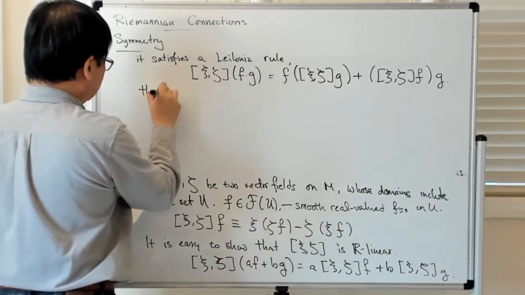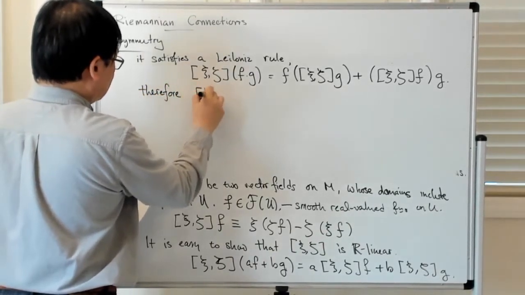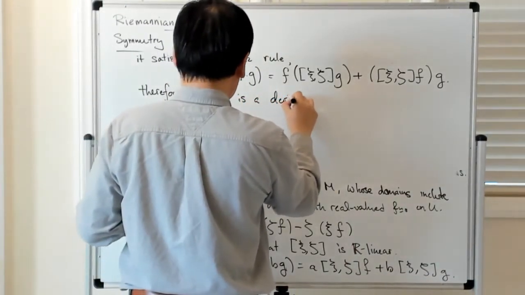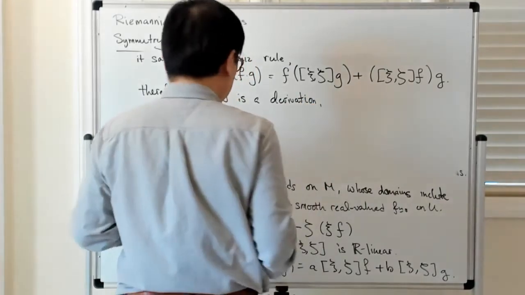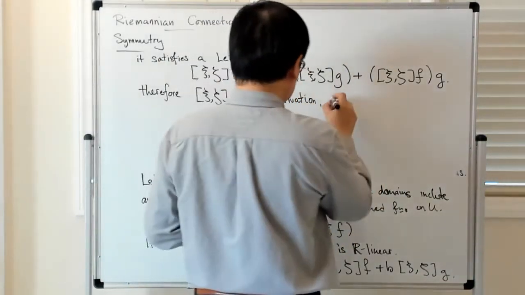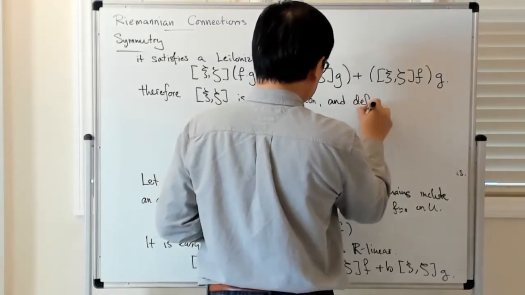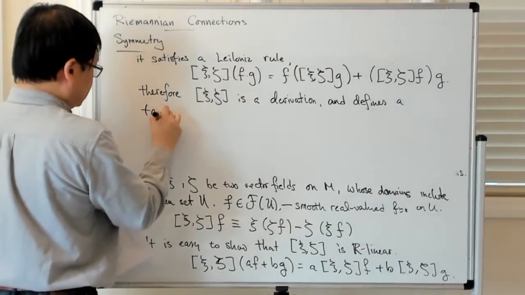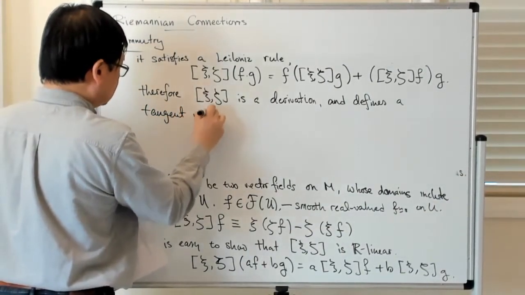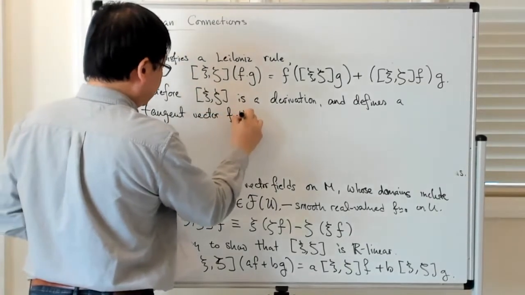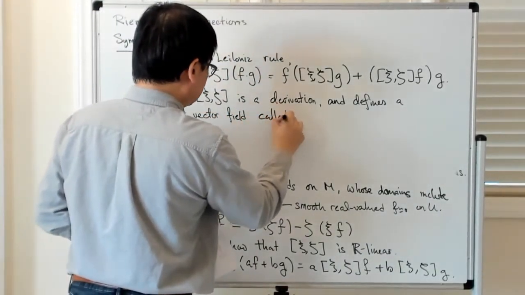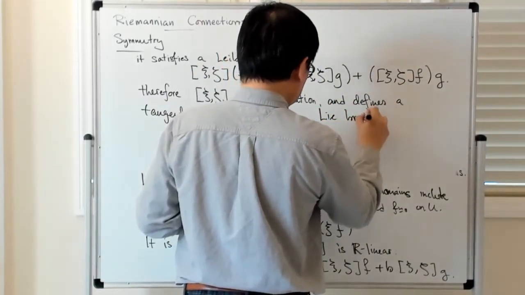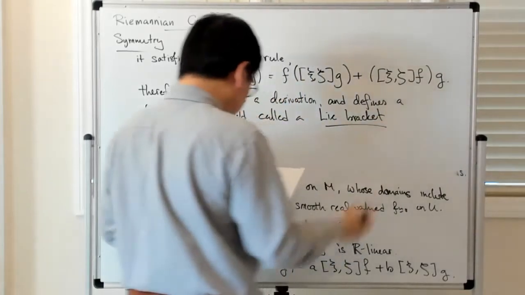Therefore this is a derivation and therefore defines a tangent vector field, called a Lie bracket, sometimes called a Jacobi Lie bracket.